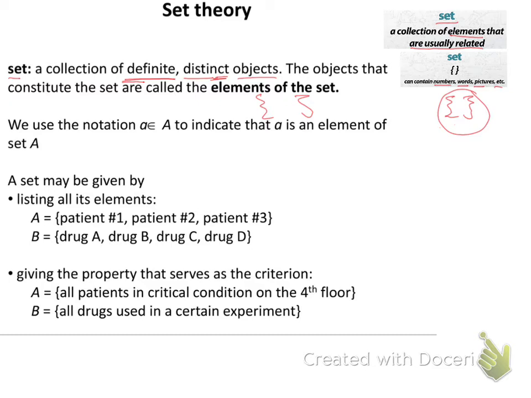The objects that constitute the sets are called elements of the sets. So the objects, which may be body organs, numbers, words, pictures, whatever, are called elements. Each number or each figure here is called an element, and all these elements together are the elements of the set.